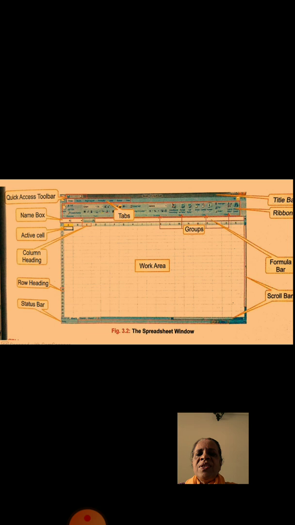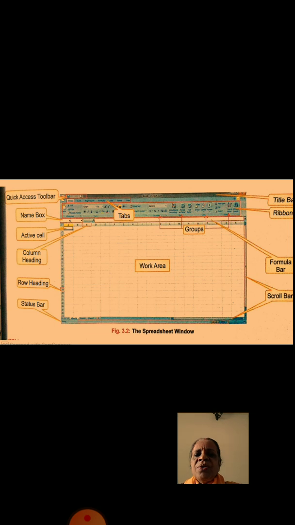Just below the formula bar, the ribbon and the title bar, you see the main interface where you are going to work in Excel, which consists of a grid of rows and columns. Hope you can all see. It is the interface where you enter the data, a grid of rows and columns.